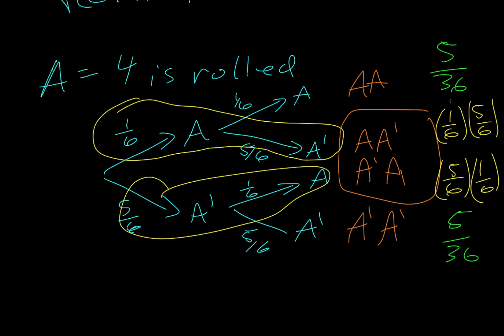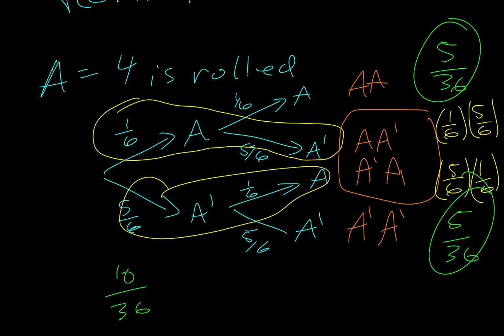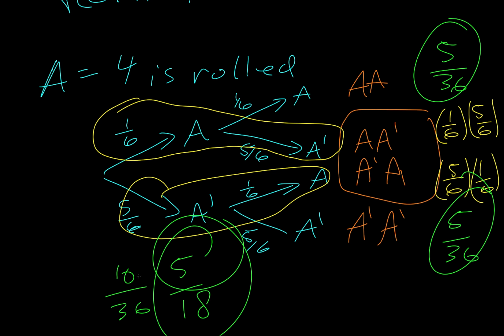All we need to do is add these two green ones together, so we get 10 over 36. If we reduce that, dividing by 2, we get 5 over 18. That would be the final answer. So that is the probability that we'll roll exactly one 4 when we're rolling 2 dice.